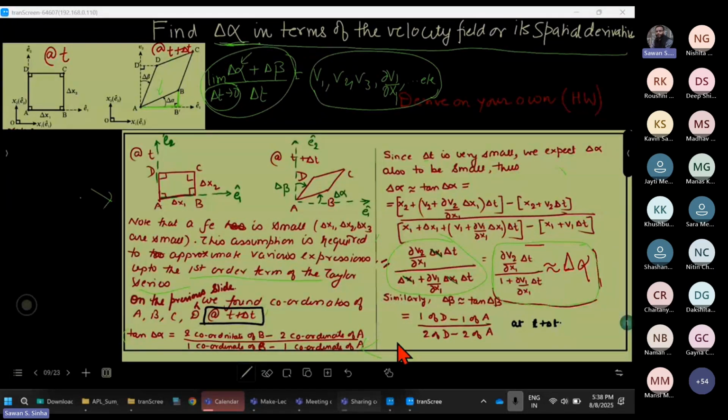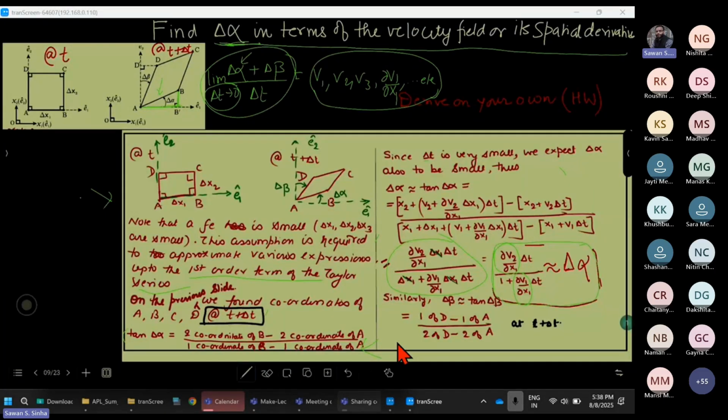What does it depend on? It depends on delta t. The larger the delta t, the larger will be delta alpha. That's what we expect, it will deform more. But it also depends on these spatial derivatives of velocity, and very specific indices are there.